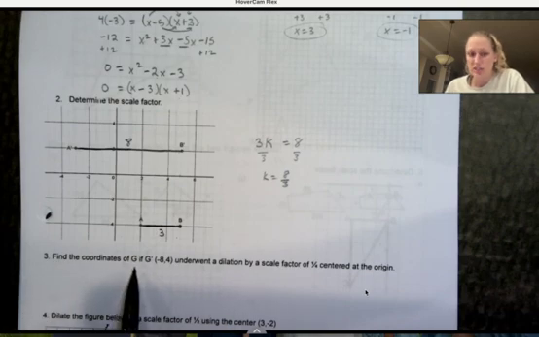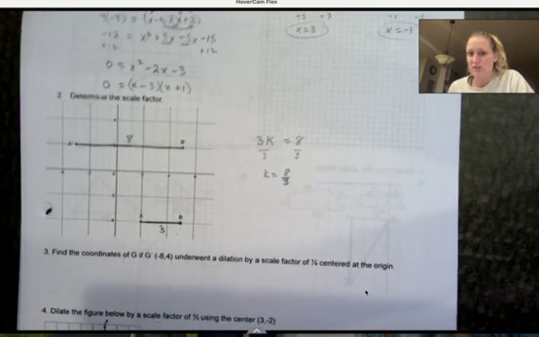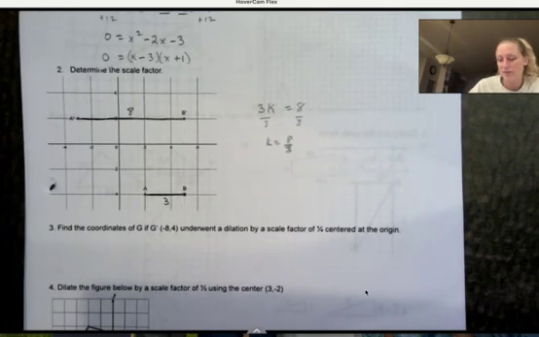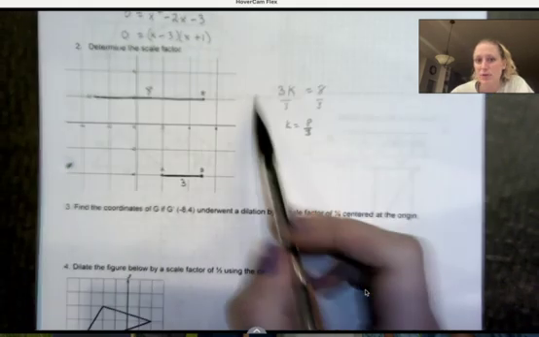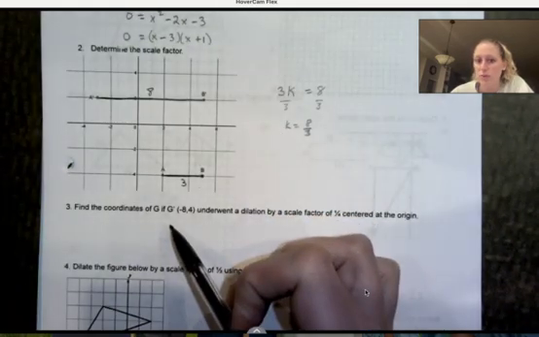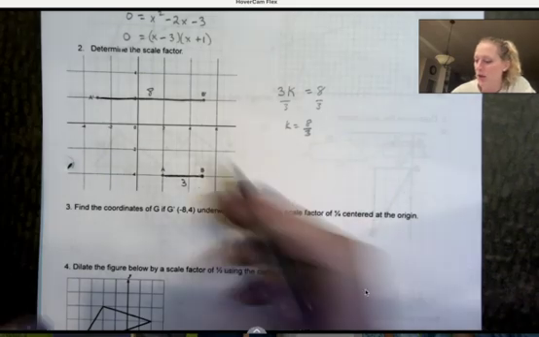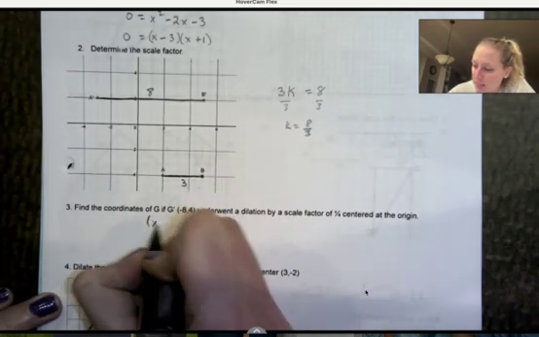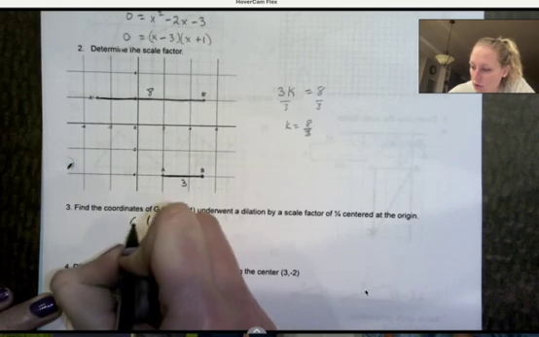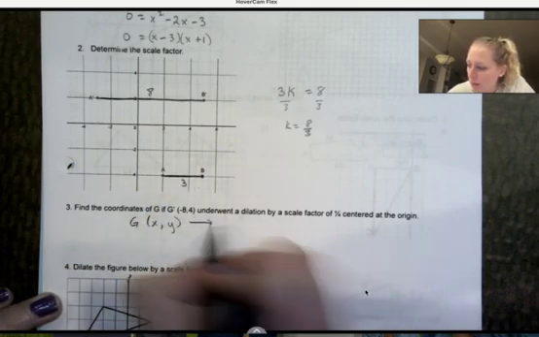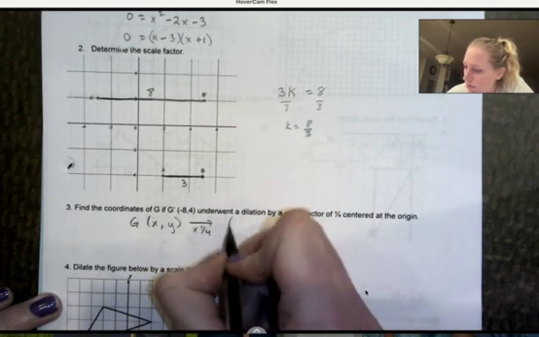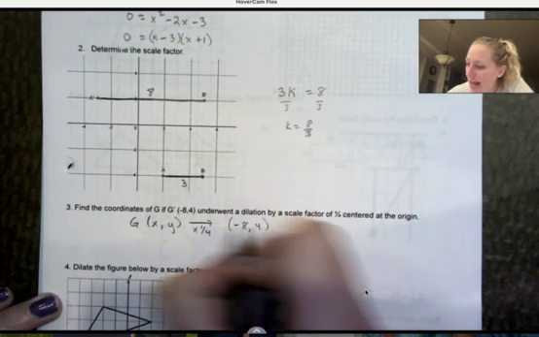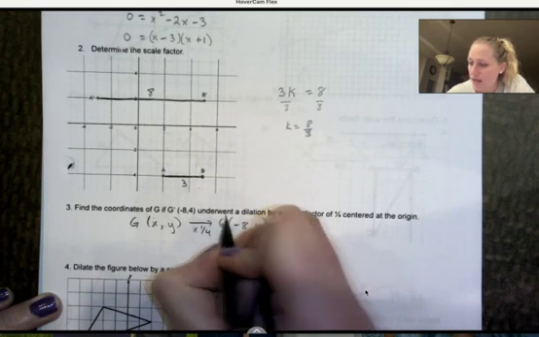Find the coordinates of g if g prime underwent a dilation of a scale factor by 1/4 and it was centered at the origin. Remember, if it's centered at the origin, it has this same relationship, that the ordered pair got multiplied by k. One way we can think about that is x, y, right? That's my original g coordinate, got multiplied by 1/4. And so now it's equal to negative 8/4 after that multiplication.